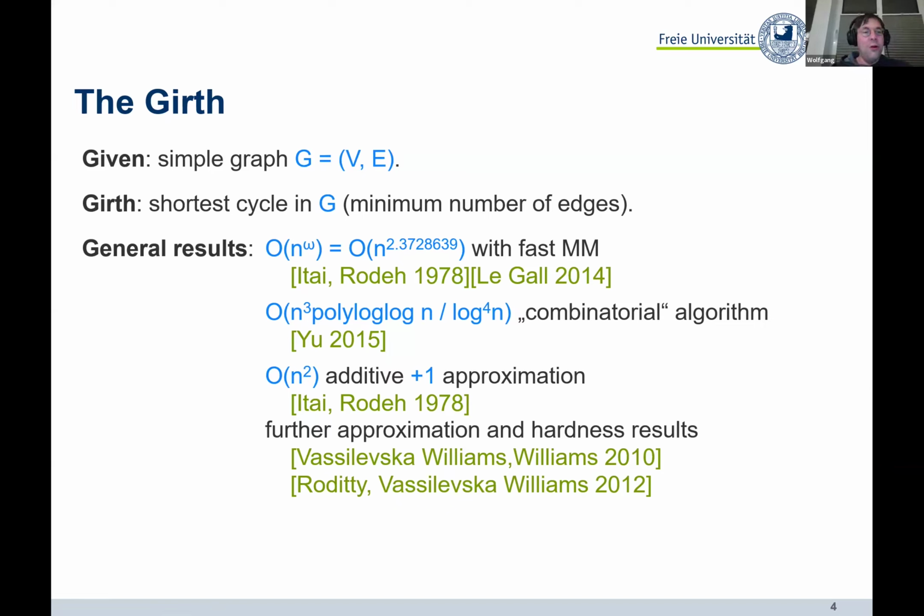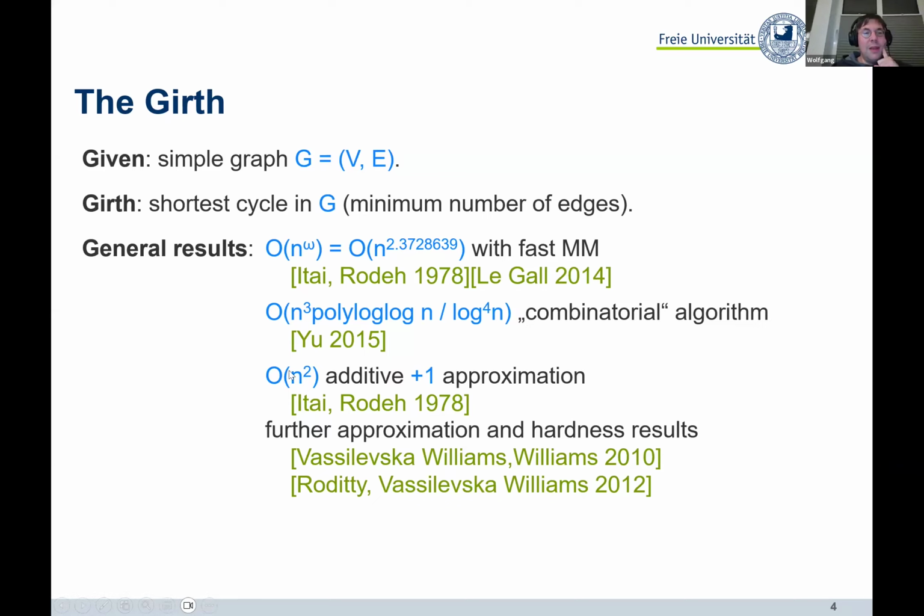And for computing the girth, you basically have to do some all pairs shortest path computation. The best combinatorial algorithm is, I think, due to Yu, and it gives n cubed over some polylog, log n to the fourth, is the current best result as far as I know. That's the combinatorial algorithm not using fast matrix multiplication.